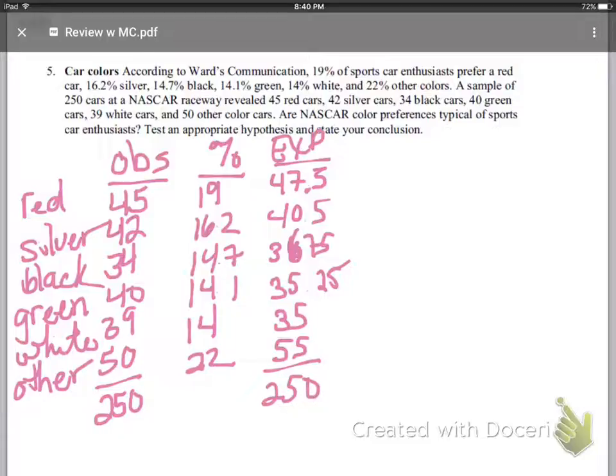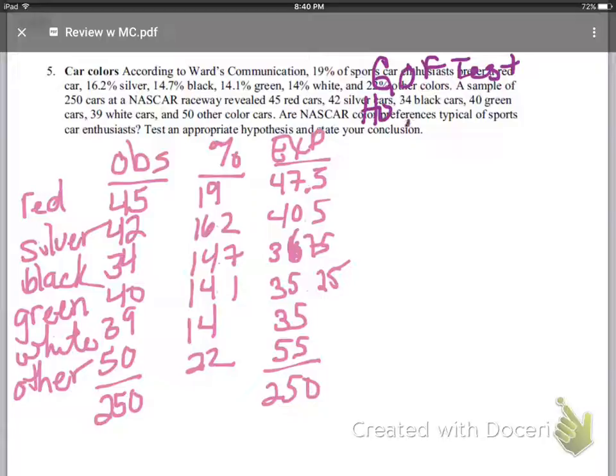Okay, so this is state an appropriate hypothesis. So why don't we just start this? I'm going to pick another color here. And I'm just going to say, this is a goodness of fit test. And the H0 is that, what are we talking about? Are the sample of NASCAR's preferences typical of sports?